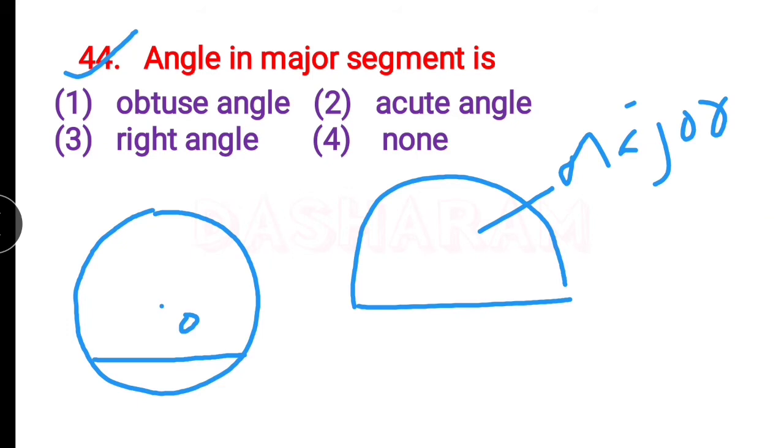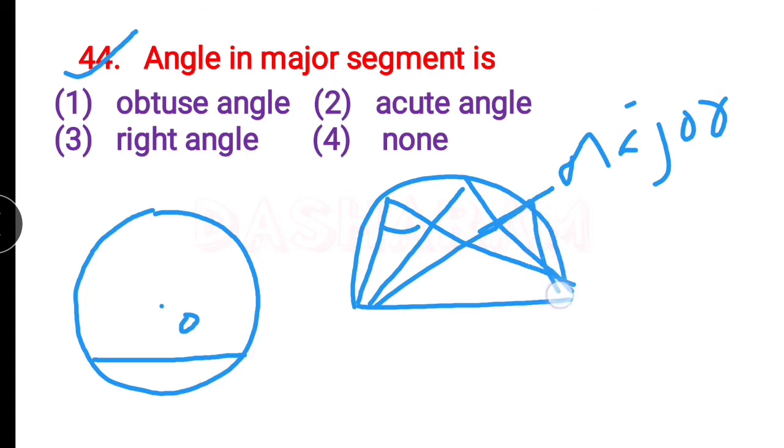Now, the angle in a major segment: see how to form the angle in the major segment. See here, it is called an angle in the major segment. You can draw many angles in the major segment, and if you measure these angles, definitely those angles are acute. Acute angle means less than 90 degrees.